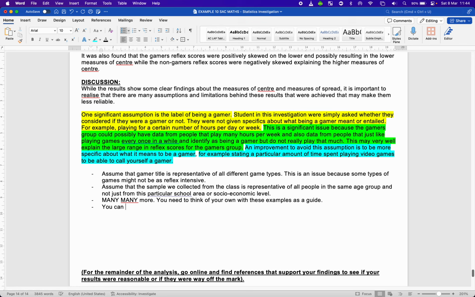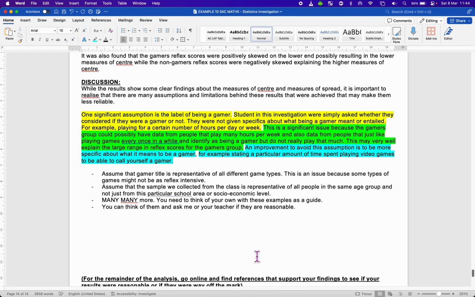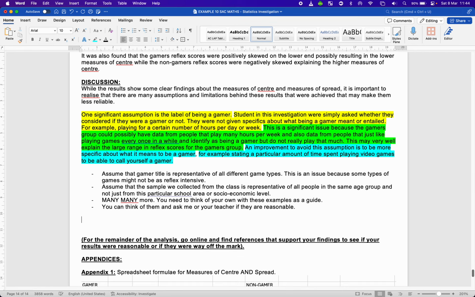You can think of them and ask me or your teacher if they are reasonable. So that's assumptions. Limitations. One significant limitation was the small sample size.